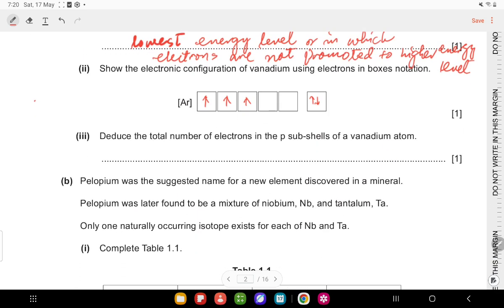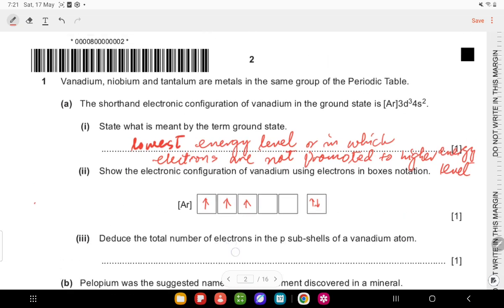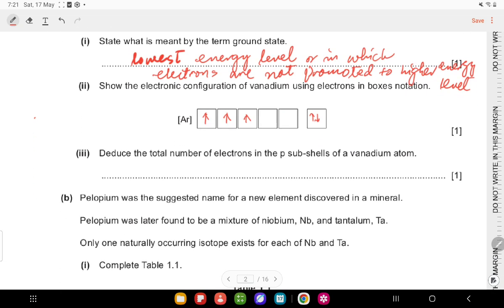Deduce the total number of electrons in the p subshells of the vanadium atom. So this is the fourth period, so in the p subshells there are a total of 12 electrons.